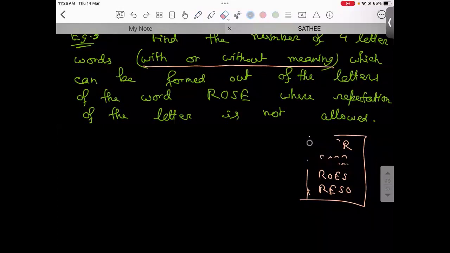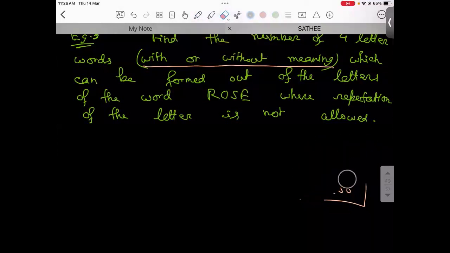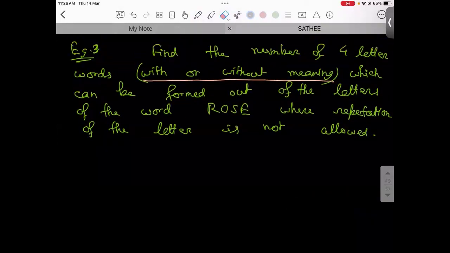So how many 4 letter words can I find by this process? Okay, so let us consider these boxes.